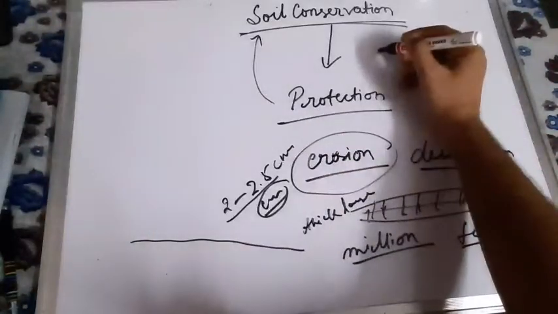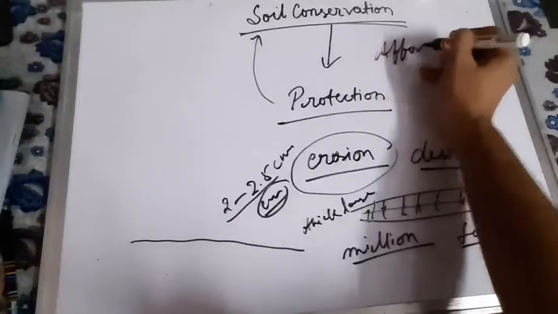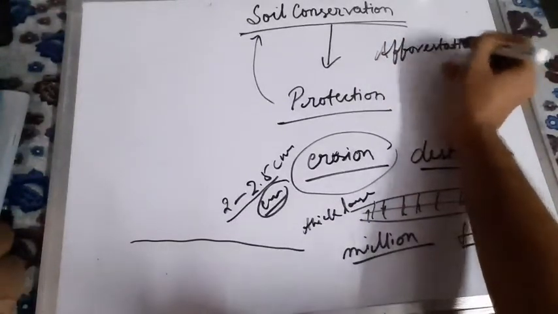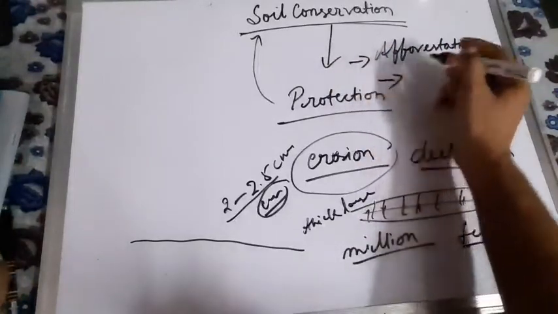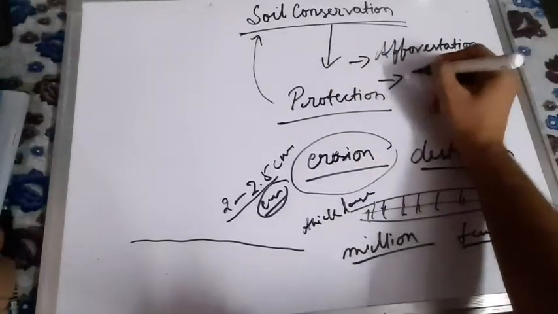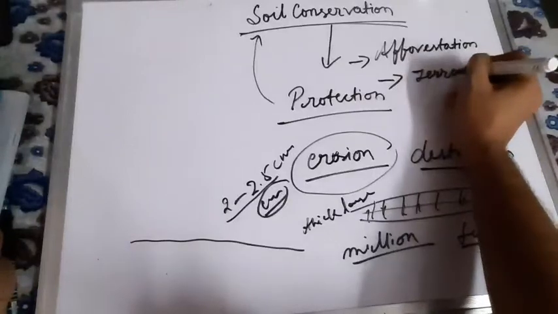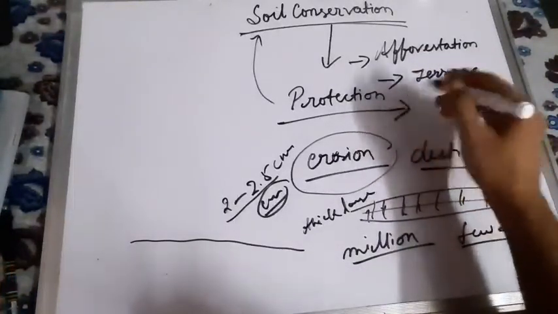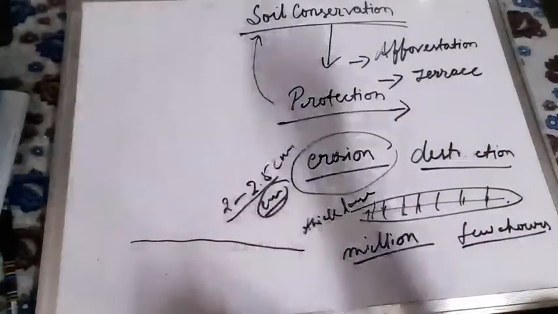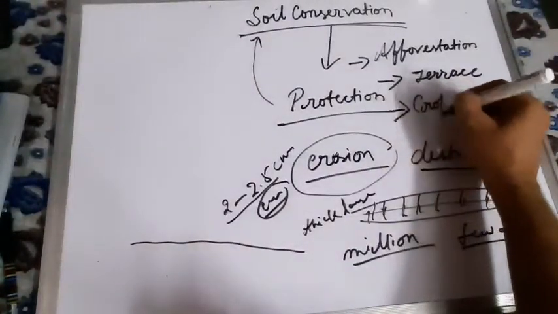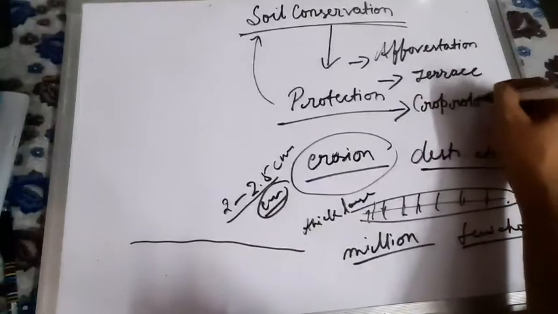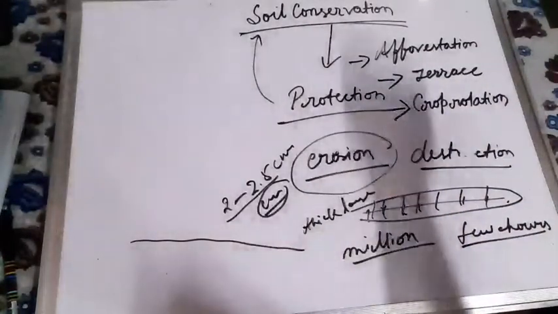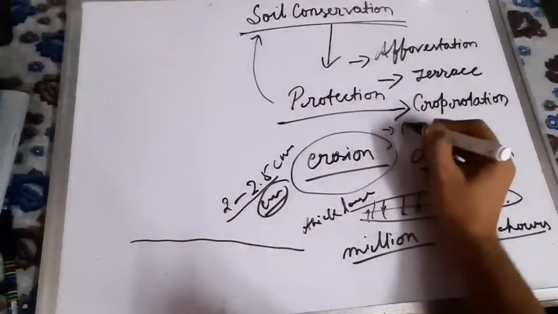We will study afforestation, terrace farming, crop rotation, and finally planting of shelter belts.